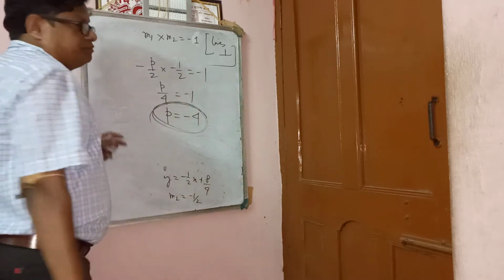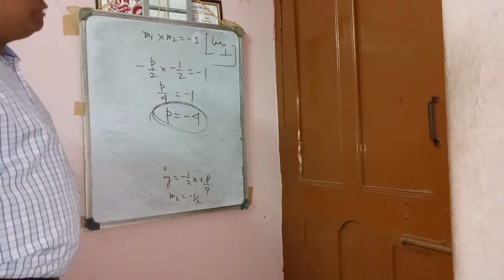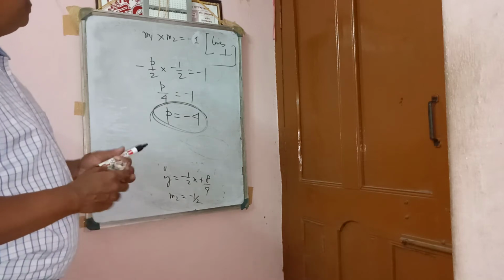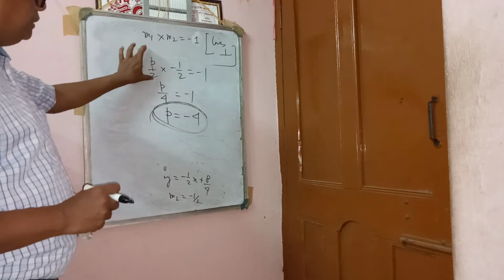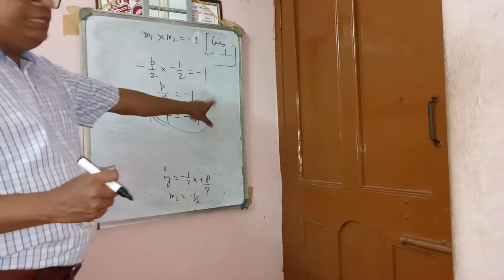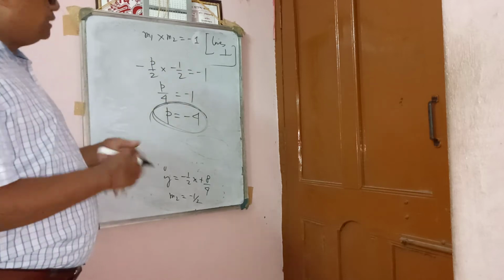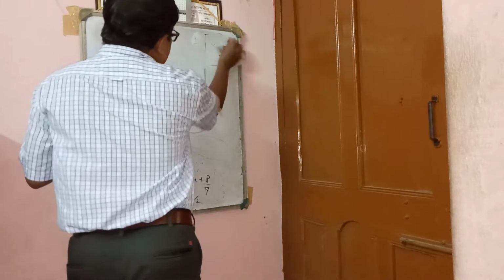This is the answer. Okay, p equal to minus 4. So whatever is there you write here. I forgot this one. Okay, next one.